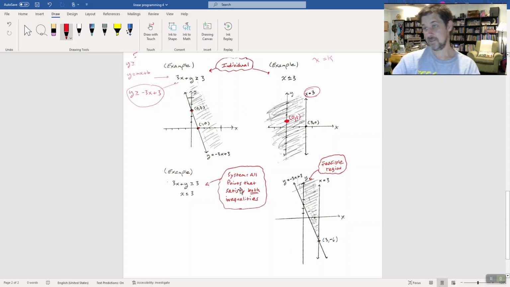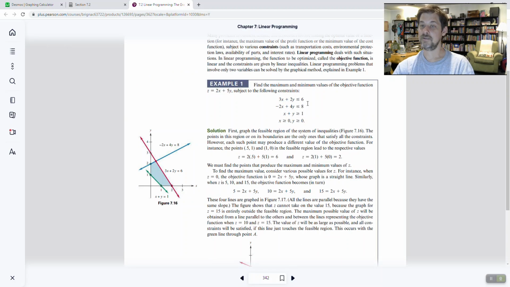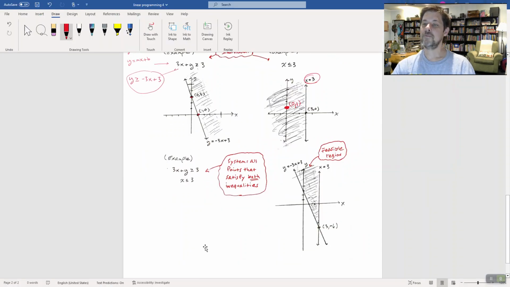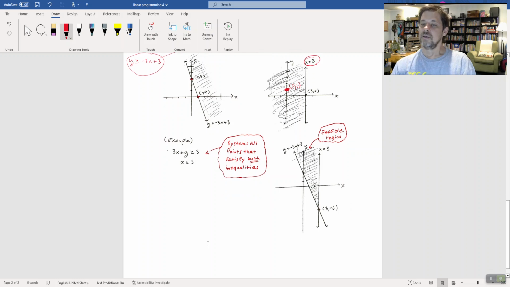That's the graph of the system. I'm talking about that because we're headed to possibly needing to graph 4 or more equations or inequalities and figure out where their overlap is. That is what the overlap of these two is.